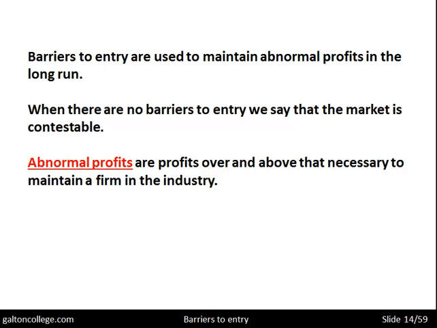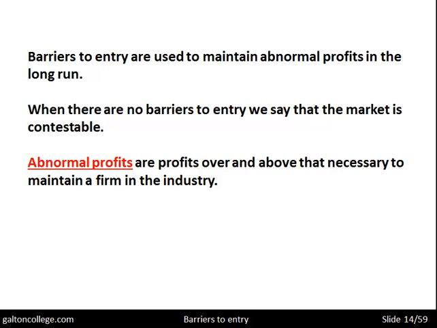Now this idea of abnormal profits just reinforces what we've been saying. These are profits over and above that necessary to maintain a firm in the industry. In other words, if the company made less, it would still produce. The fact that it's making more means it's earning abnormal profits.